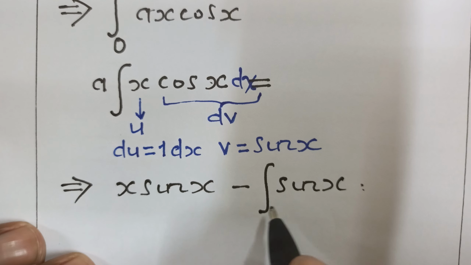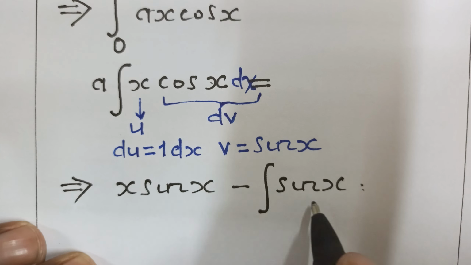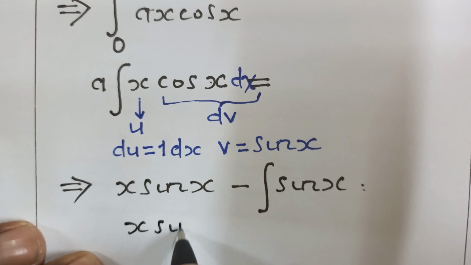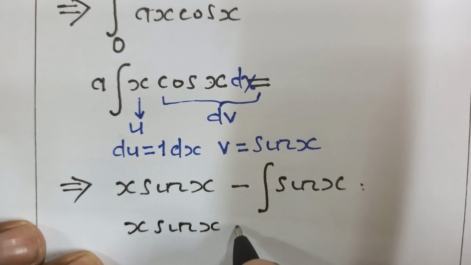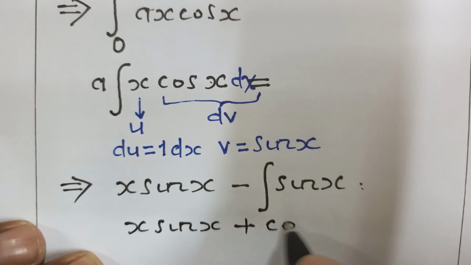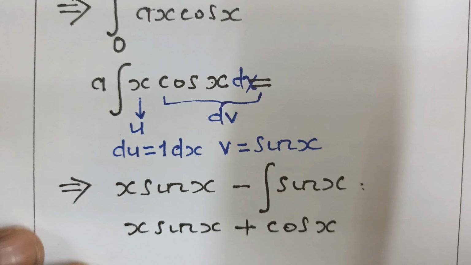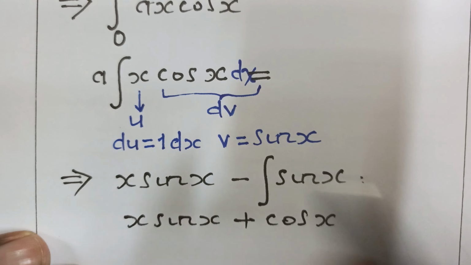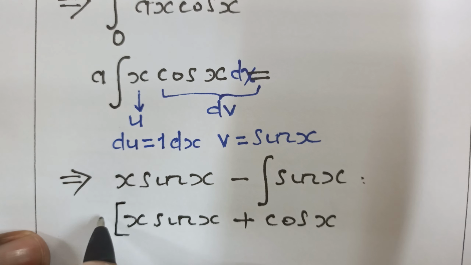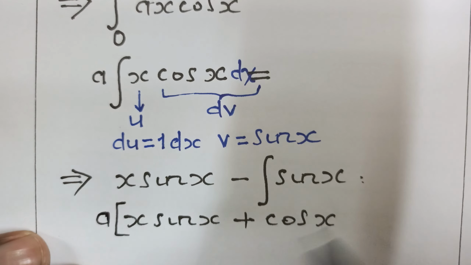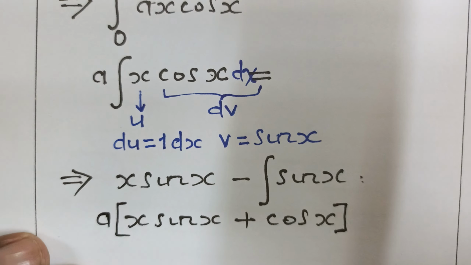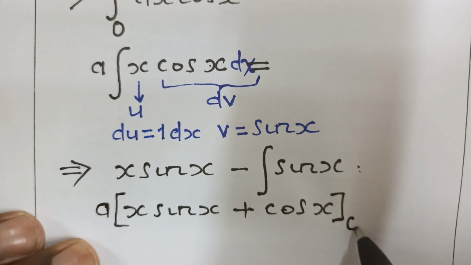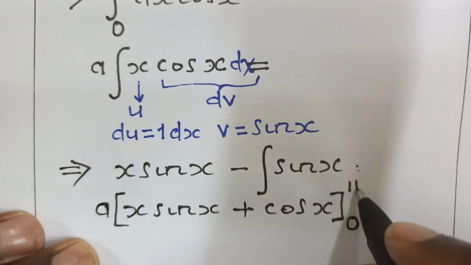Again guys, I can integrate minus integral sine x so that we have x sine x plus cos x. And guys, as you can see, we have our constant right here. So we shall put a at this point, and then guys, we integrate now. We now fix the limits, which are from 0 to pi over 3.